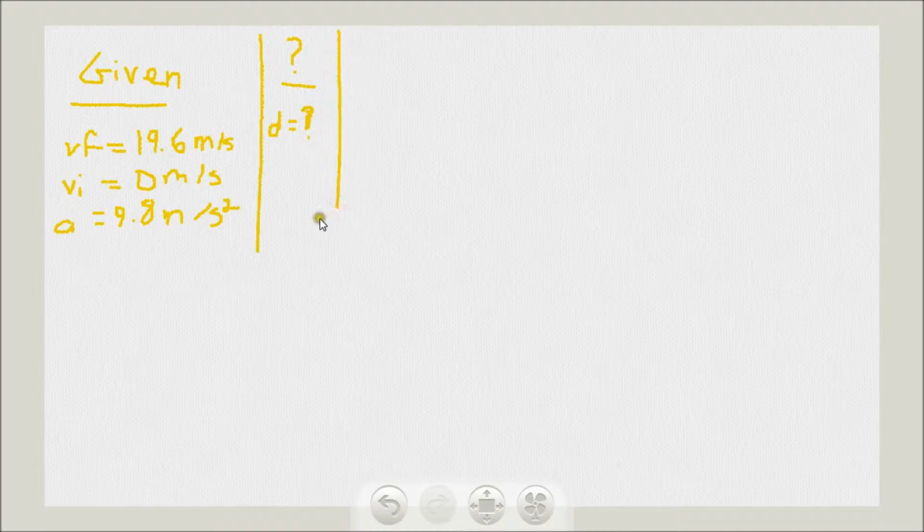For this problem, we're going to use two formulas. First, we have to know about time. To find time, we have to use the formula of acceleration: final velocity minus initial velocity over time.